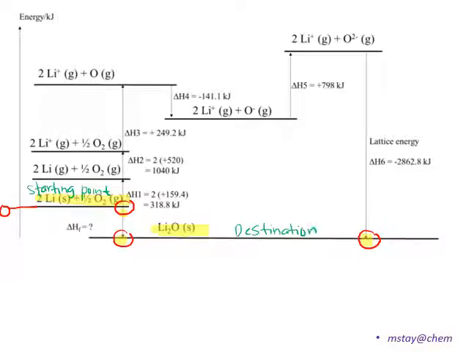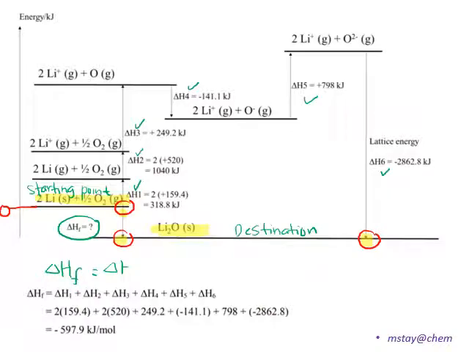Okay, so from here, this one is the enthalpy of formation, which only involves one step. And then how do we get the enthalpy of formation? If we cannot go down here in one step, then we have to go through delta H1, 2, 3, 4, 5, and 6. So that's why we total up the enthalpies 1, 2, 3, 4, 5, and 6 over here, and then we substitute the values in and press the calculator.